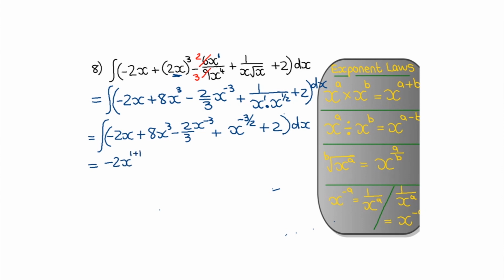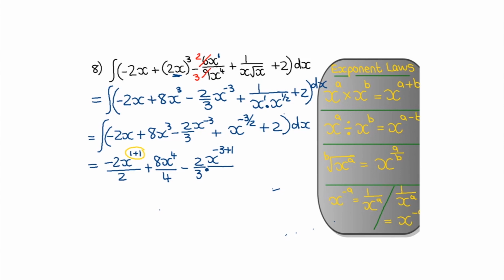Now I have to add a 1 to what I had, and I divide by this new exponent, which is 2. 8, x to the power 3 is what I had, so if I add a 1, it will be 4 divided by this new exponent. The 2/3 is the constant that I had. Then x to the power -3 is what I had, plus 1, divide by this new exponent, which is -2.